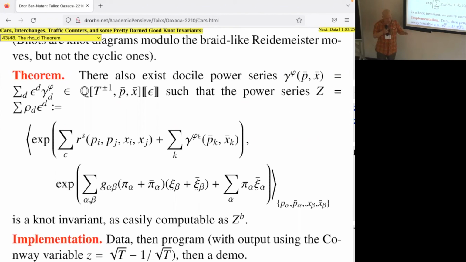Some of the things I'm speaking from because I know how to prove them, and some are experimental. But you know, it's palindromic, like the Alexander polynomial. It has a genus bound, which I half understand but not fully understand.